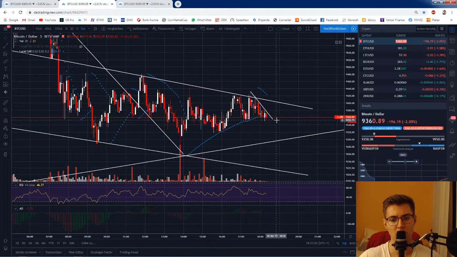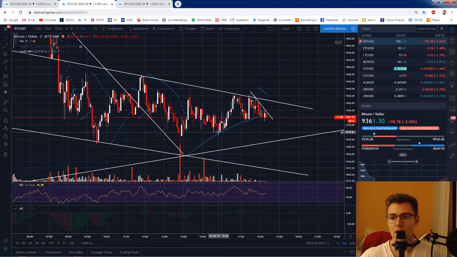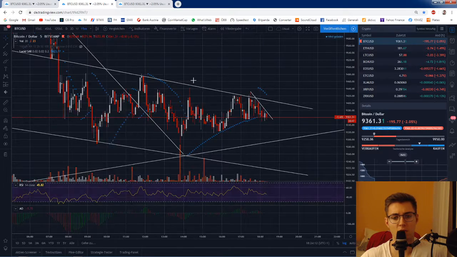Yet we do have a very clear level with multiple touches, at least around 9,350. If this breaks, of course, we would look at our recent low on 9,320. Okay, so we analyzed bigger time frames, small time frames.